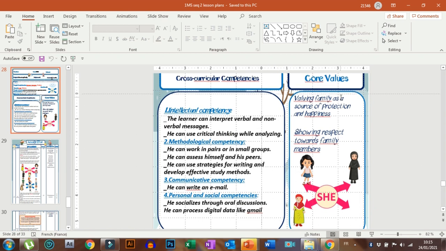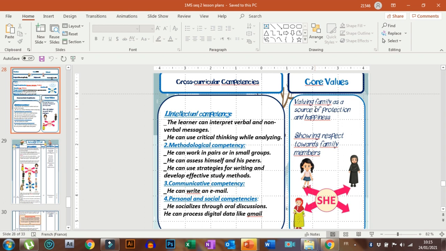For the core values, since we're going to write about family members, we need to value family as a source of protection and happiness. How do we know about this?